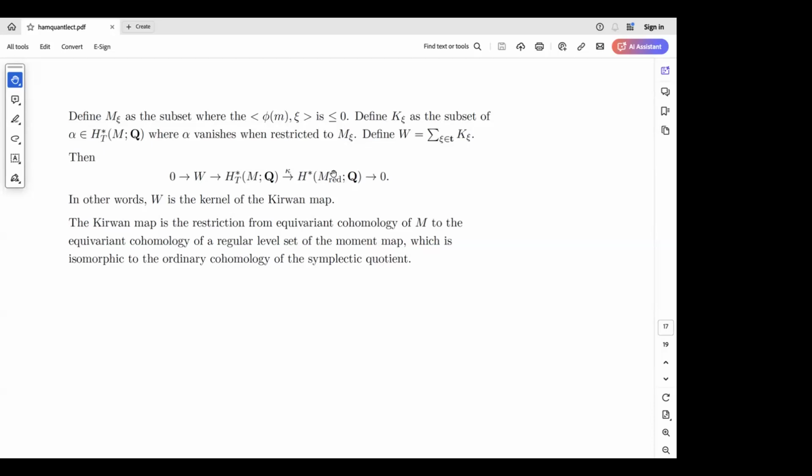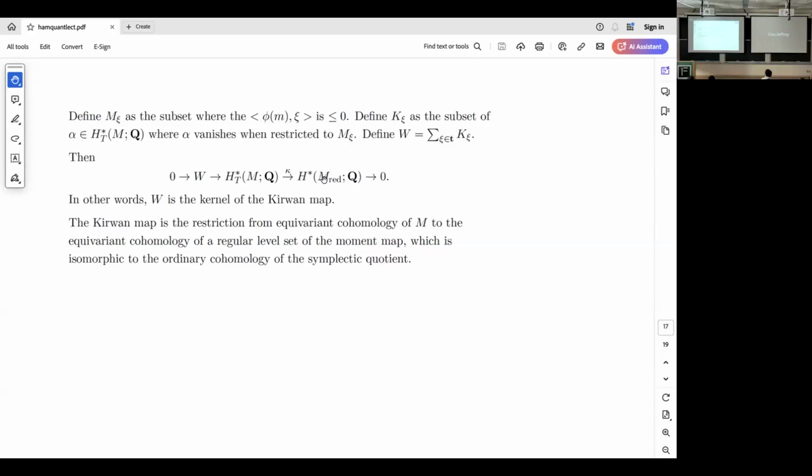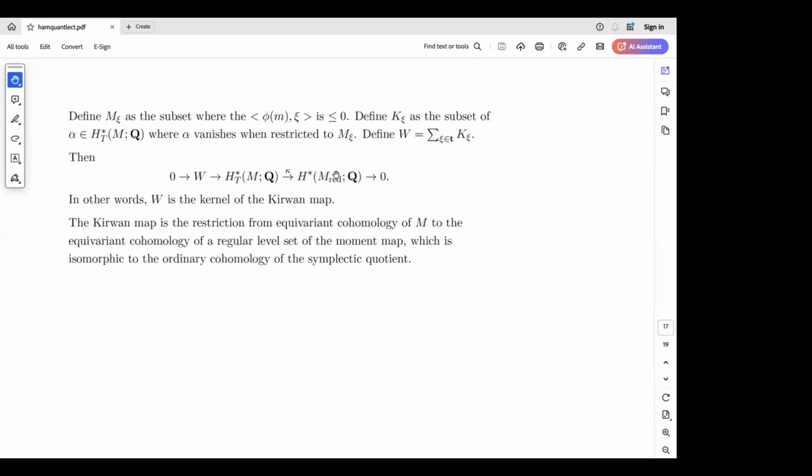The symplectic form is being used in the fact that, unfortunately, I don't have a way to annotate my slides, this third set is the equivariant cohomology of mu inverse of 0, the zero level set of the moment map.